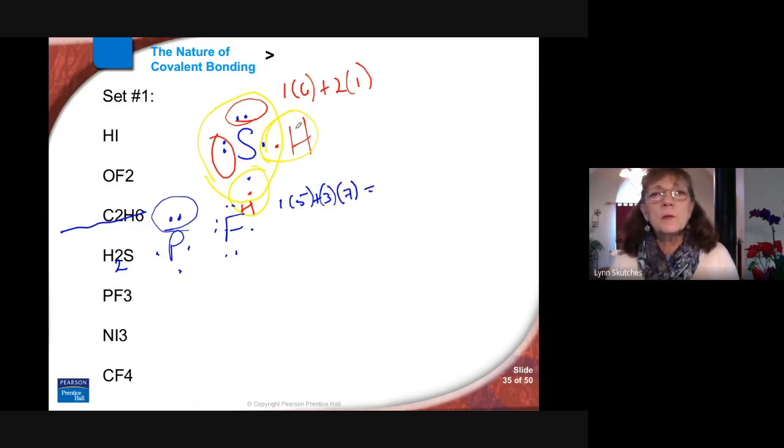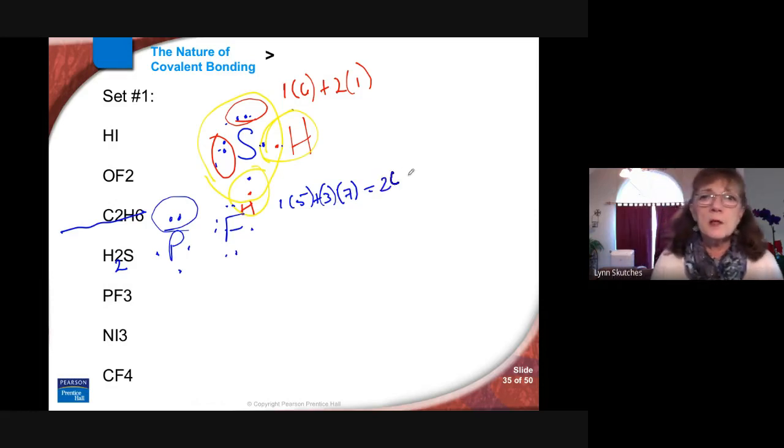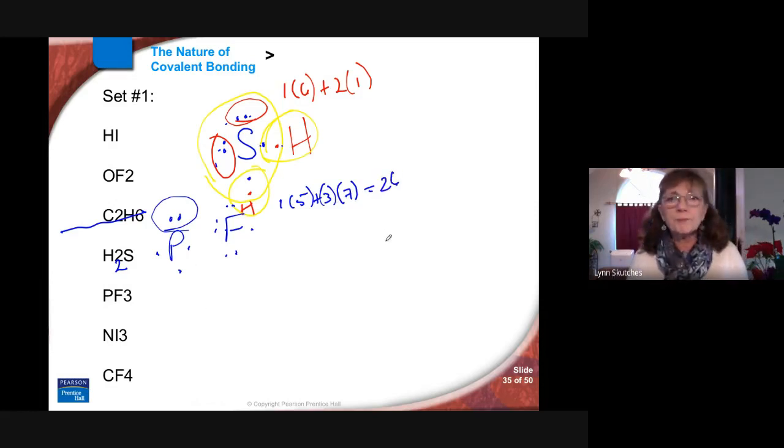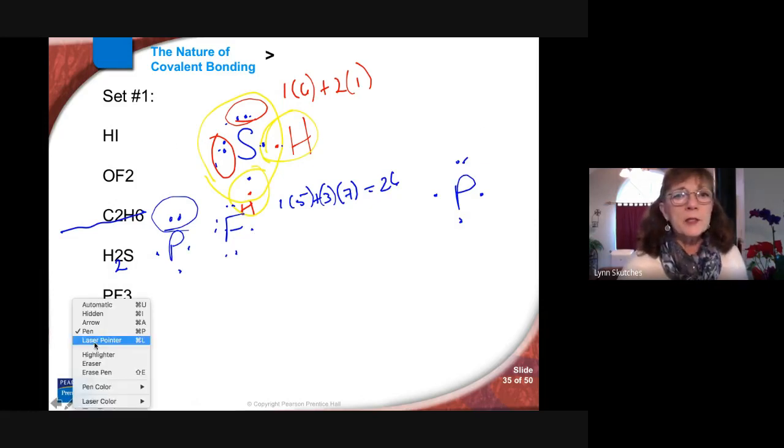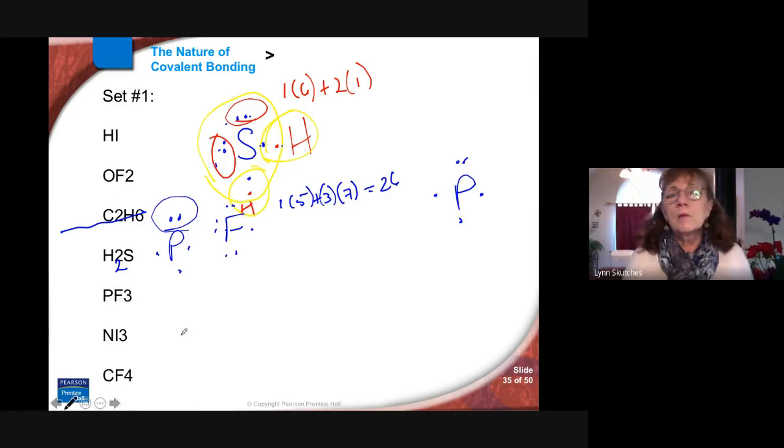Okay, so when I'm all done, oh, I didn't count these. Did I count these? 1, 2, 3, 4, 5, 6, 7, 8. Beautiful. And 5 and 21 makes 26 dots when we're all done, hopefully. Put the singleton in the middle. And then put the other ones around it. And like I said, halogens are tedious because they have so many valence electrons, but they only bond one time.